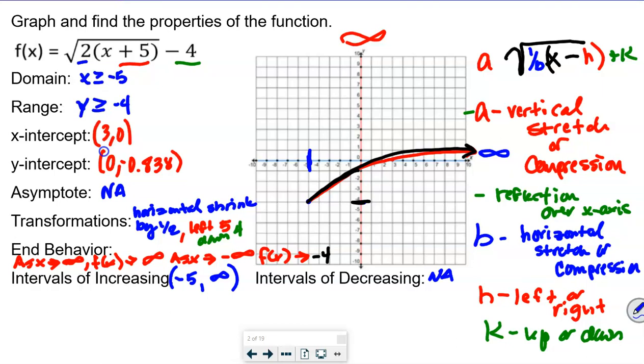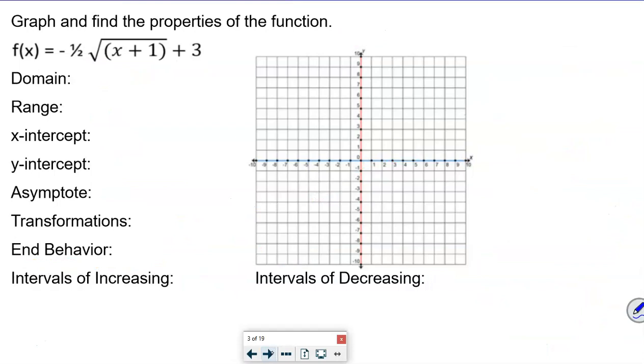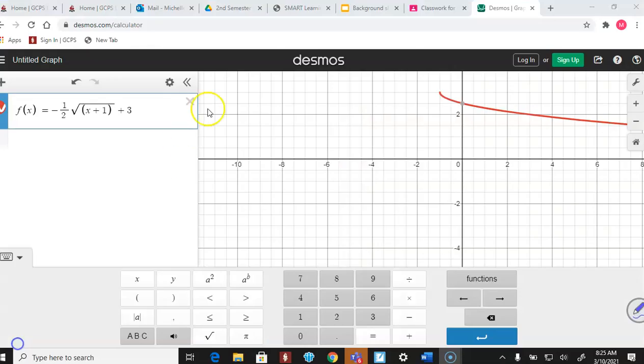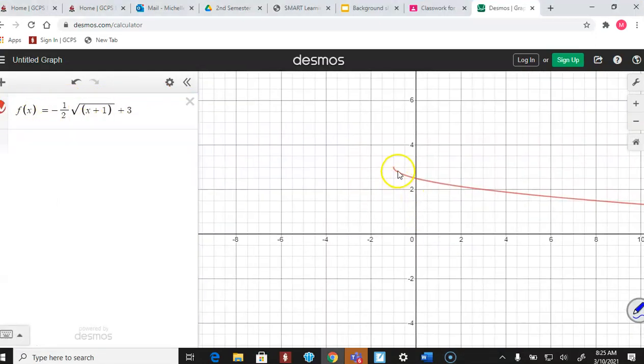So again, we're going to do another one of these and see if this is clicking now. All right, so let's go ahead and look at the graph of this one again. So I want to go ahead and put the equation there, and notice this one looks a little different, doesn't it? So again, we have a starting point of -1, 3. Notice here, -1, 3 right there. And then again, we have an x-intercept of 0, 2.5.